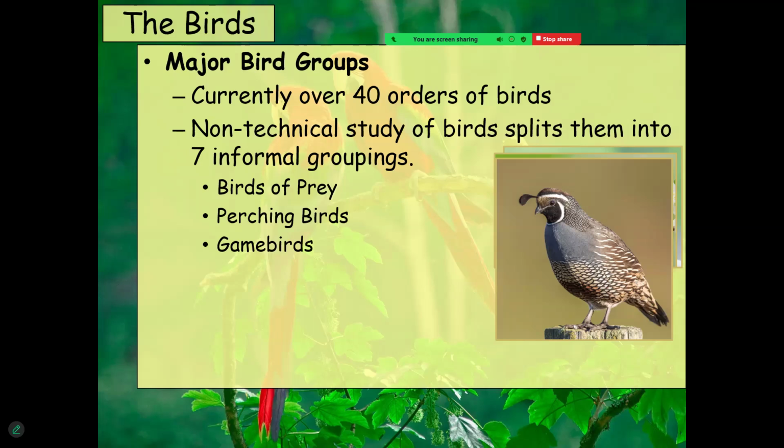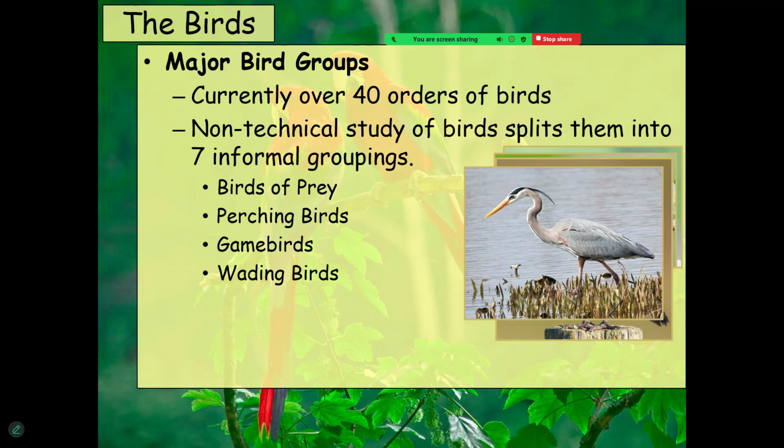Grouse would be in this group, although I'm not sure you know what a grouse is. A number of different types of birds in this group, largely terrestrial and good to eat. Chickens are descended from game birds. We have domesticated them from game birds.